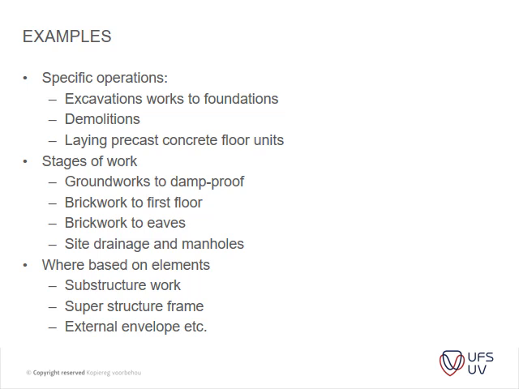So this is a bit more like a Gantt chart or your program type of method statements. And then we're based on elements. You can have your substructure work, superstructure, external envelope. You can structure your method statements in any of these three ways, but it's just to keep a logical flow of it.